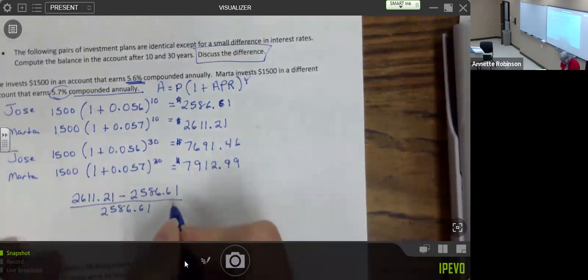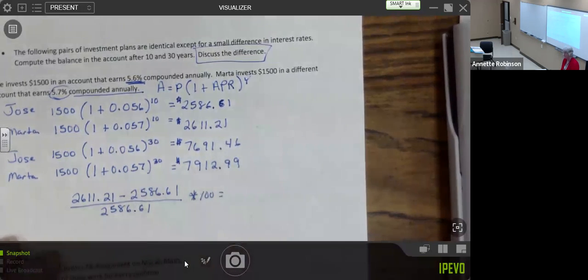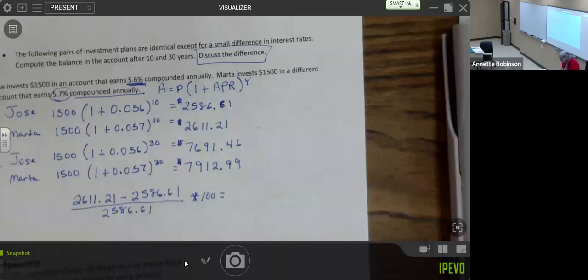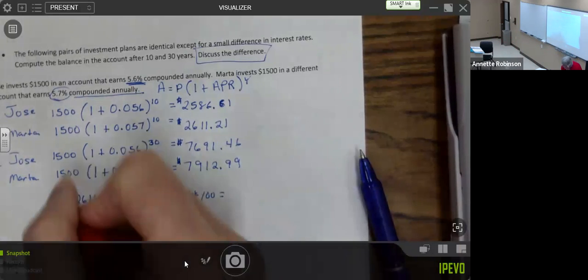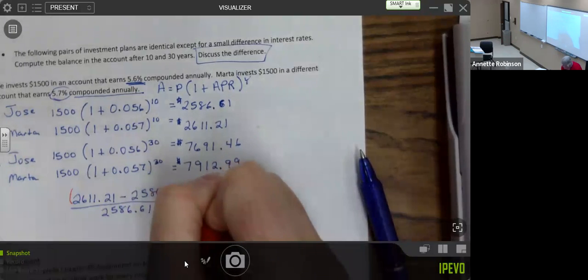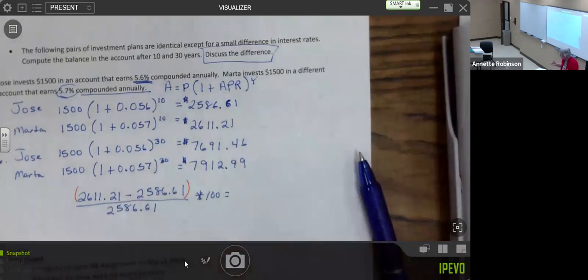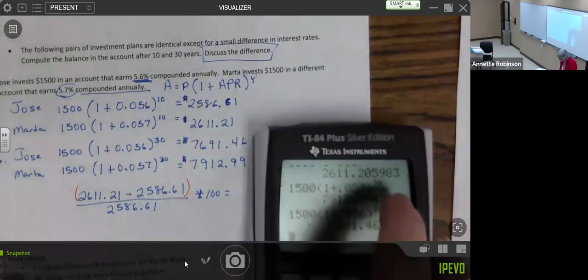And of course, we're going to multiply by 100 because we're talking about finding a percent. So if you're going to do this in one step on your calculator, put parentheses so that it does the subtraction first. Now, I would do the subtraction, hit enter, then divide, enter. Or you can put it as a fraction like you're talking about, honestly.